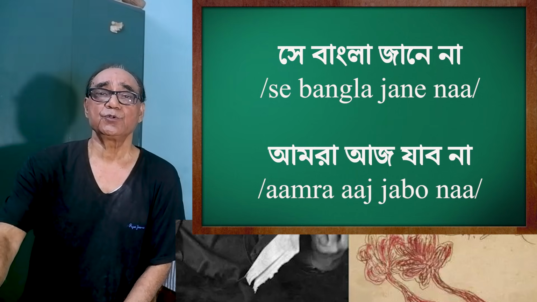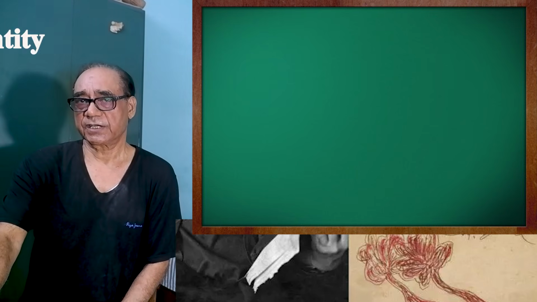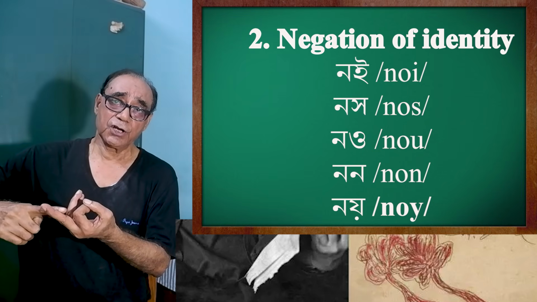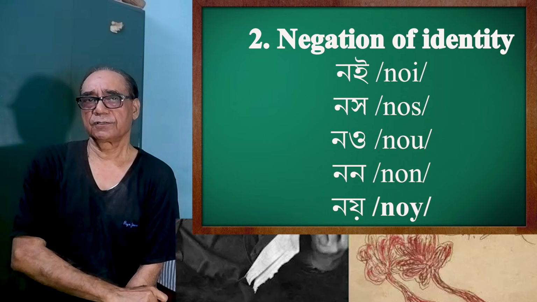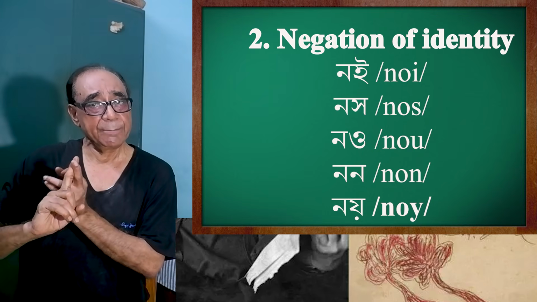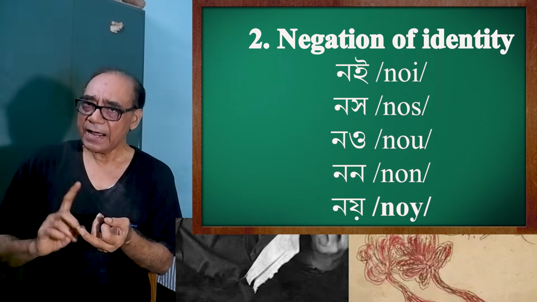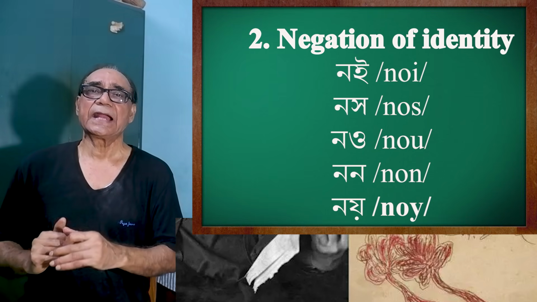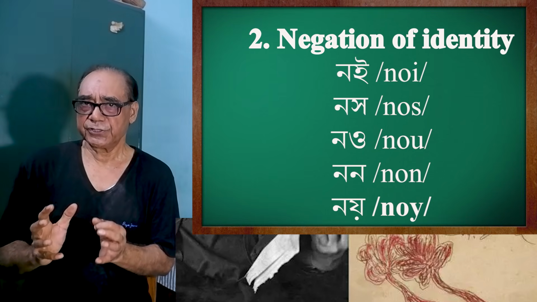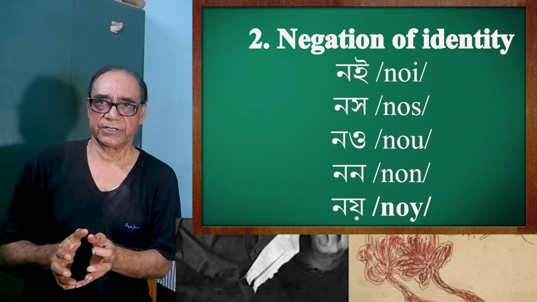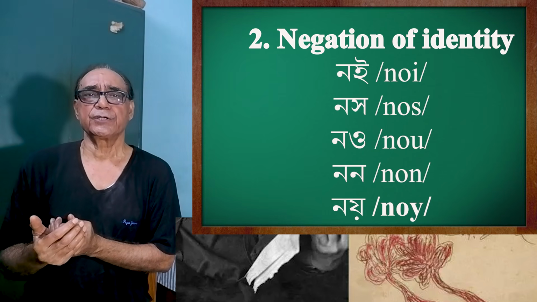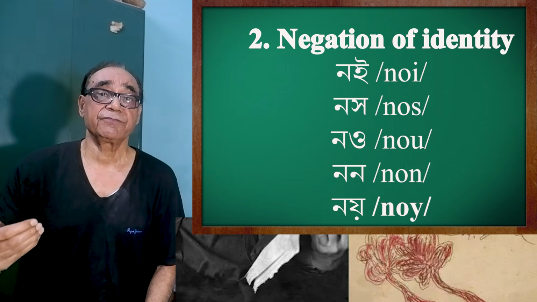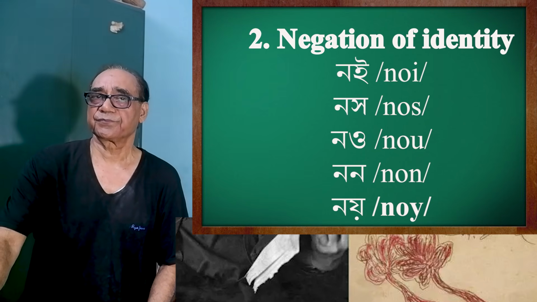Now come to the second section, that is, you negate an identity or a description. When you want to say am not, are not, and is not regarding an identity, profession, or quality, Standard Bengali drops the verb to be and uses person-specific negative markers.